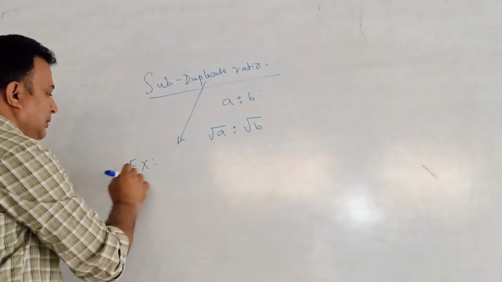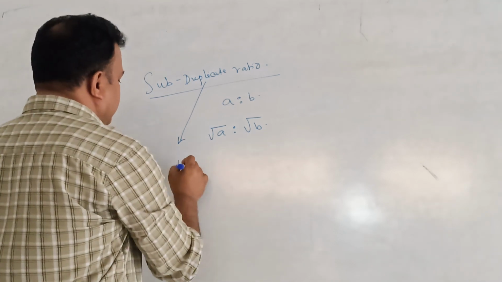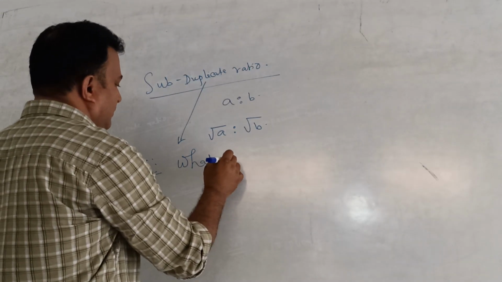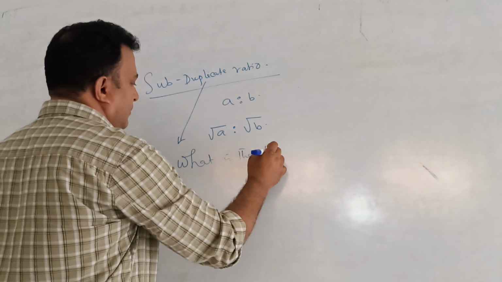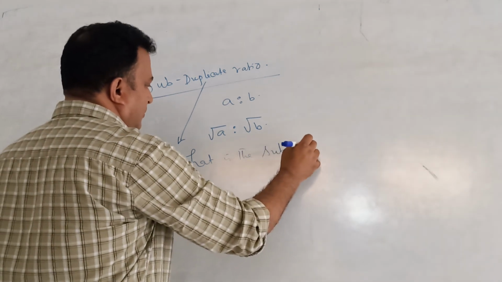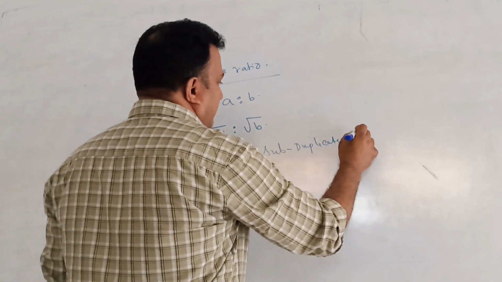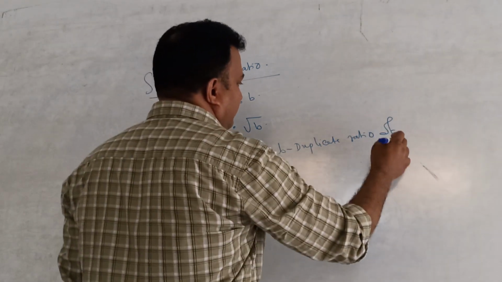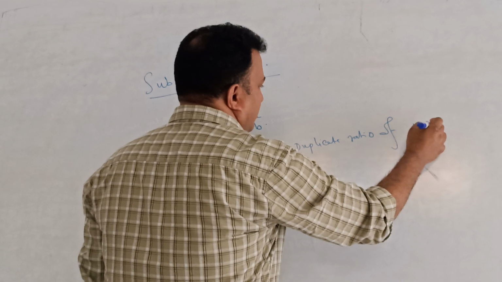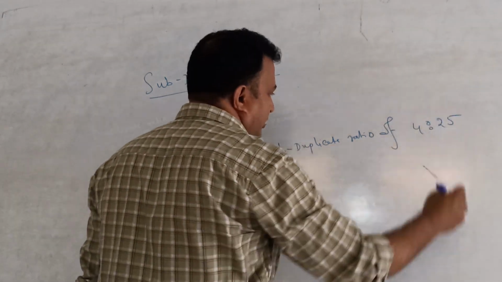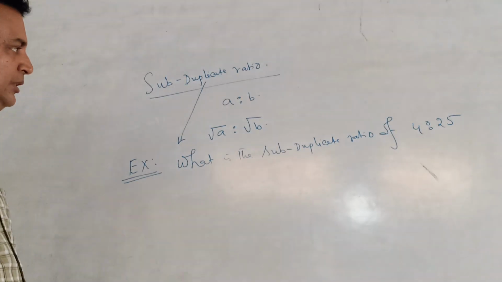Example, what is the sub-duplicate ratio of 4:25?